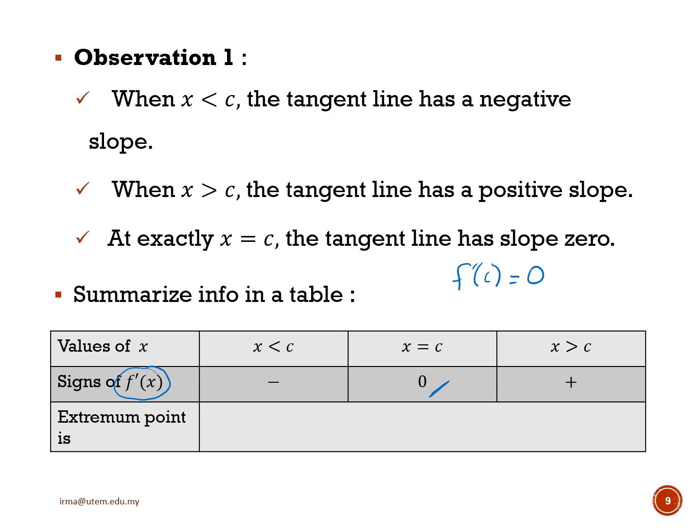For any values of x less than c, we have a negative value here, and for x greater than c the sign of f' is positive. If you have this situation, the extremum point will be a minimum.